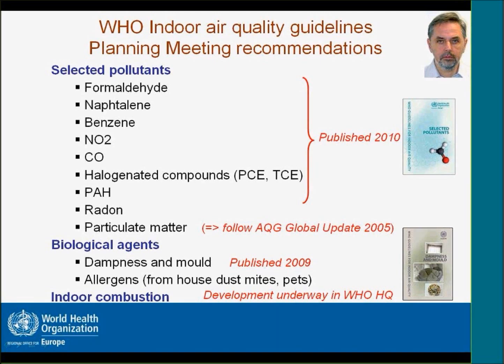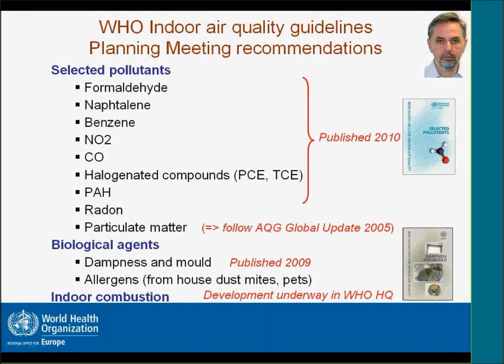So the first group of subjects dealing with chemicals was analyzed, prepared, and published in 2010. All 9 pollutants except particulate matter are covered in the specific volume of indoor air quality guidelines, with particulate matter available already in the Air Quality Guidelines Global Update 2005 due to the decision to keep the guidelines identical with, let's call it, ambient air quality guidelines.